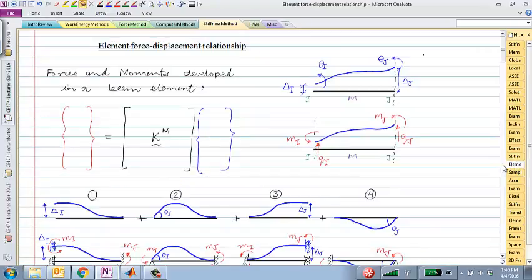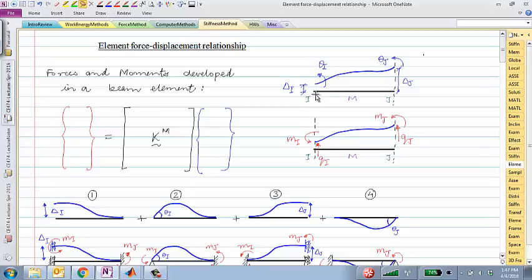Now, as I mentioned, what we want to do is take a long beam structure, divide it up into elements, and then find the local force displacement relationship for each element. So this is the most critical part of the stiffness method for beams.